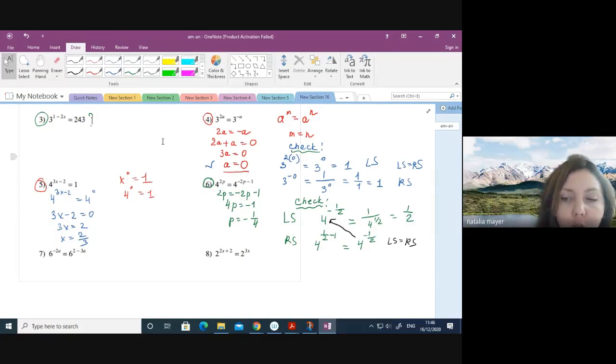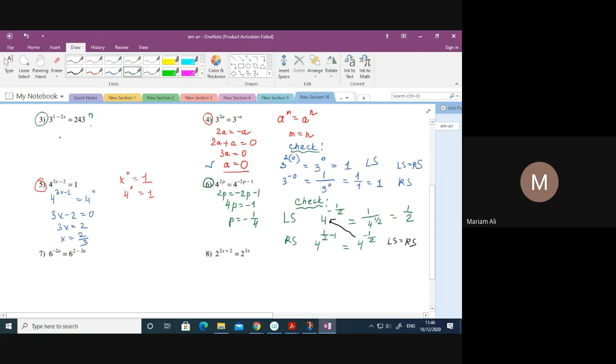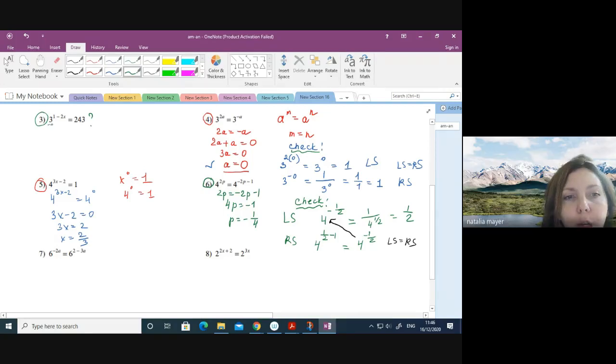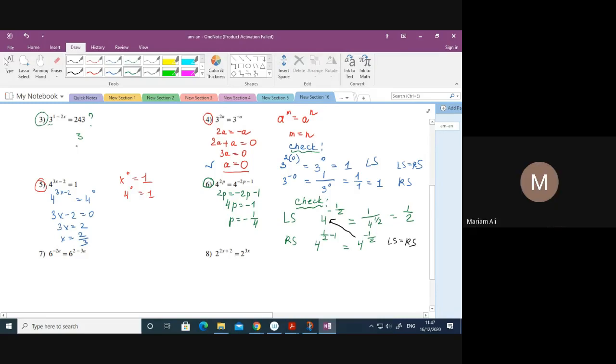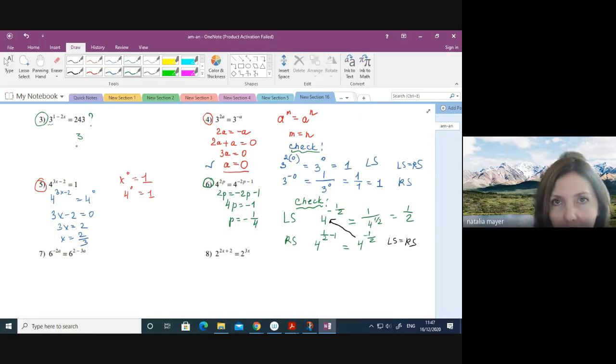So let's identify what my guideline is here. What should guide me? What am I trying to achieve, Miriam? We're trying to look for the exponent of 3. Absolutely, so this is your guideline. I want to have 3 to the power of something instead of 243. You just try different powers of 3. Yes, that's it. So it's 5.